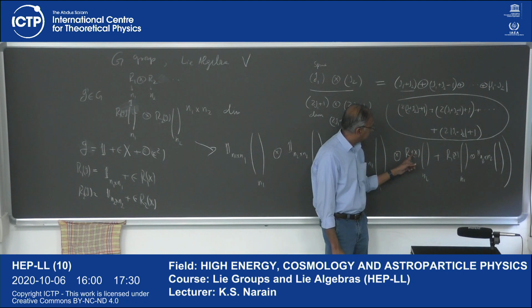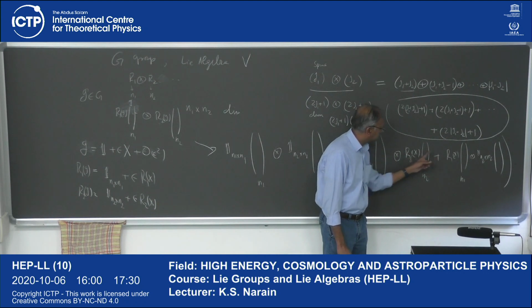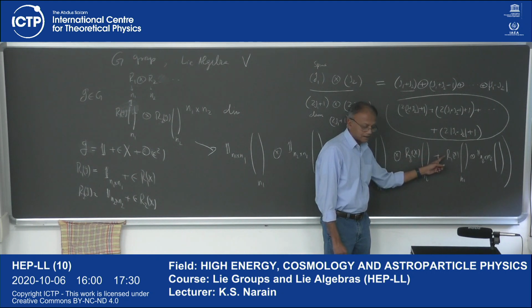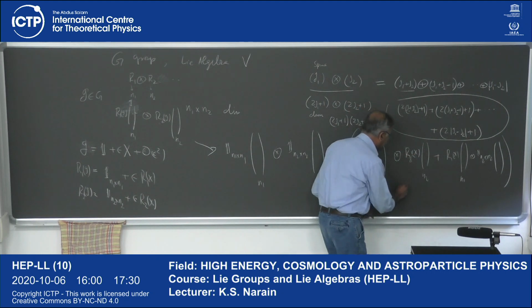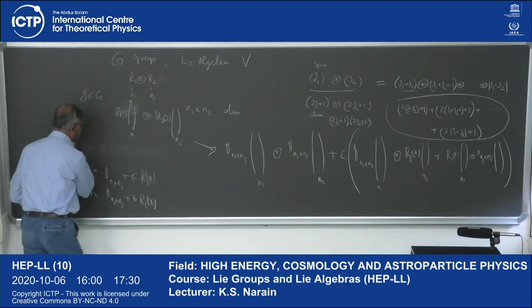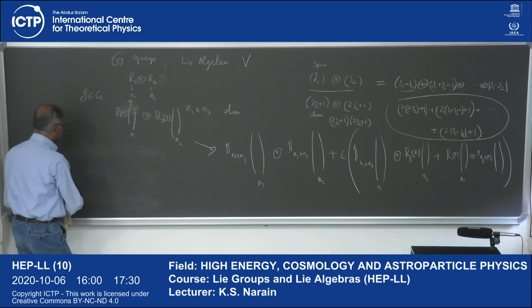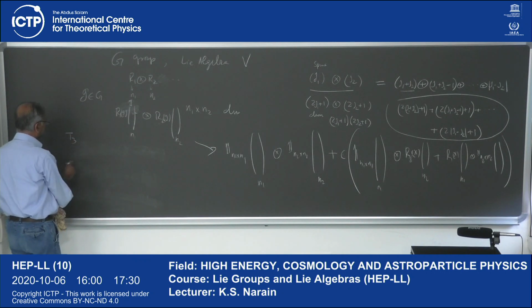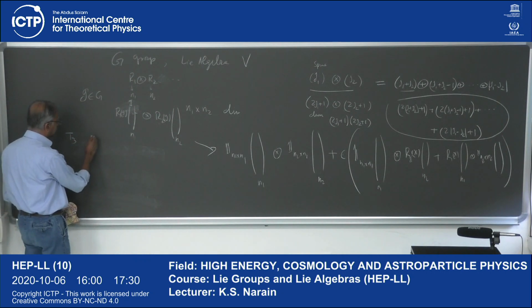Then you see that the eigenvalues just add up. So if I look at the T3 action, this is an important point. If I look at T3, and suppose we have diagonalized.